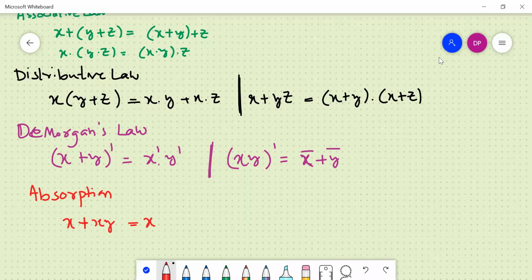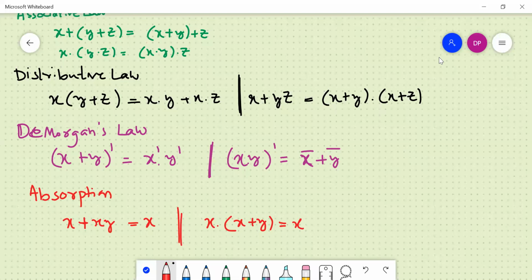X. Another one is X and with X or Y, we will get the answer X. We will be using all these rules to reduce our expressions.